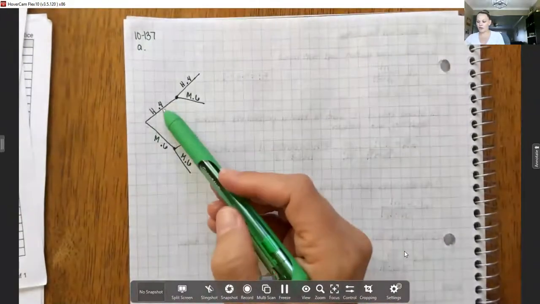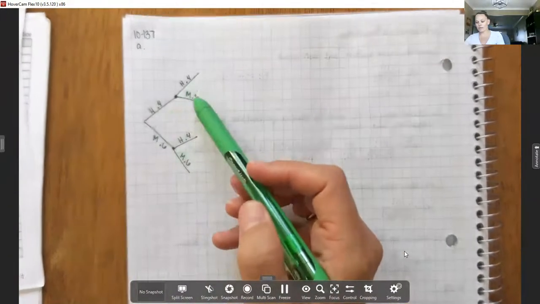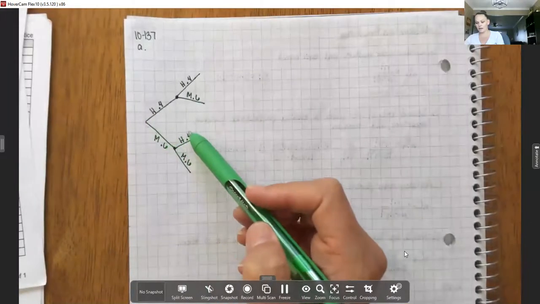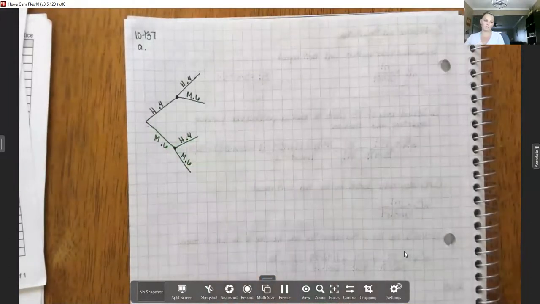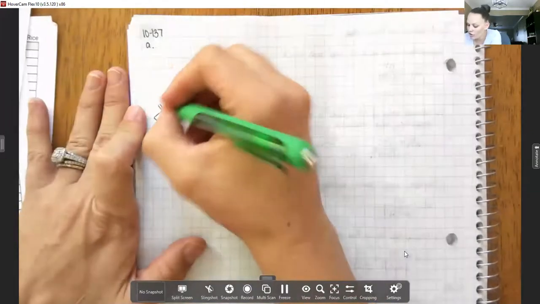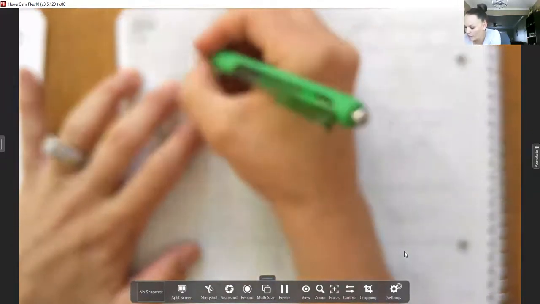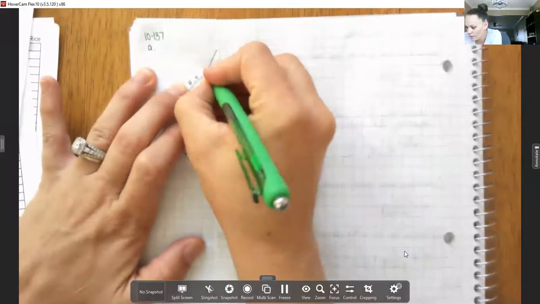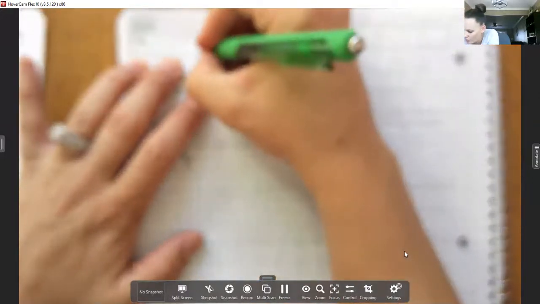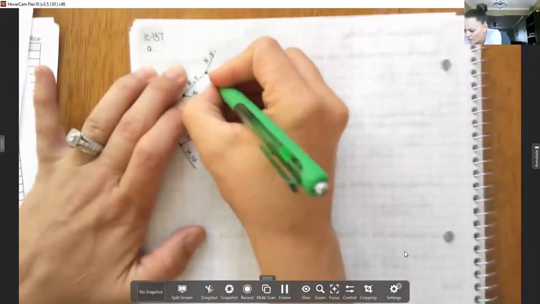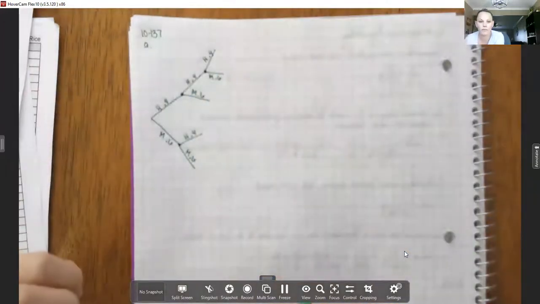So the first at bat, she could get a hit. Second at bat could be a hit or a miss. First at bat, if she gets a miss, second at bat could be hit or miss. Well, if she got 2 hits in a row, she comes up again and she could hit for 0.4 or miss for 0.6 probability.